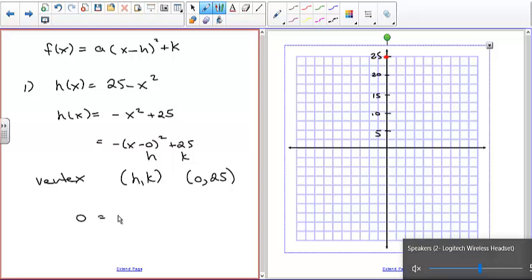So we set the function equal to 0, and then we figure out the values of x where this function equals 0. It's just a matter of factoring. So you'd have 5 minus x and 5 plus x.